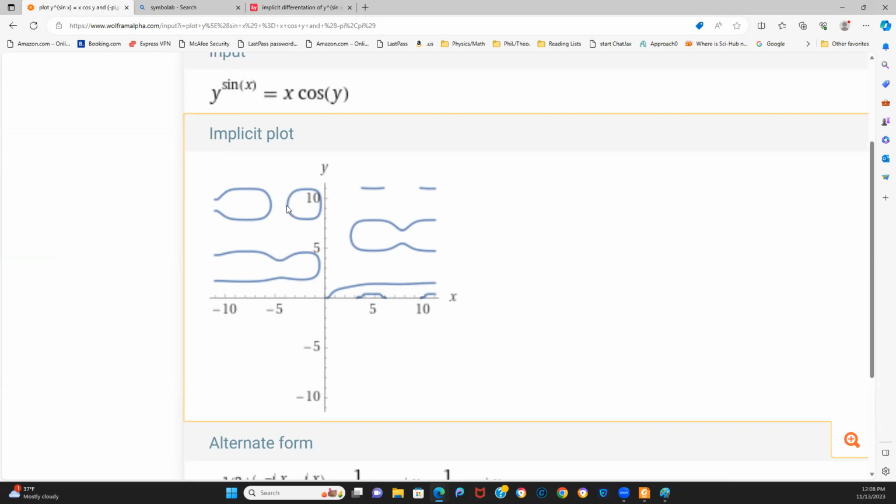I was thinking this point right here. At this point we have a vertical tangent, but that wouldn't be at pi. So that's too high. It's close to 10. So like -3.5 is like 3.71 or whatever pi is. It's like right here, maybe.